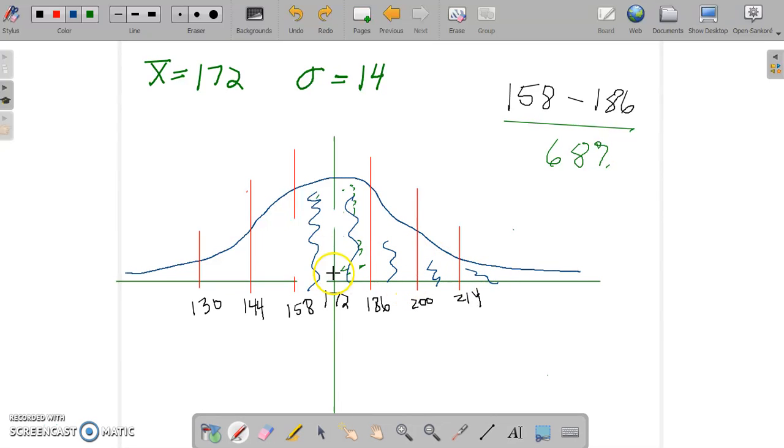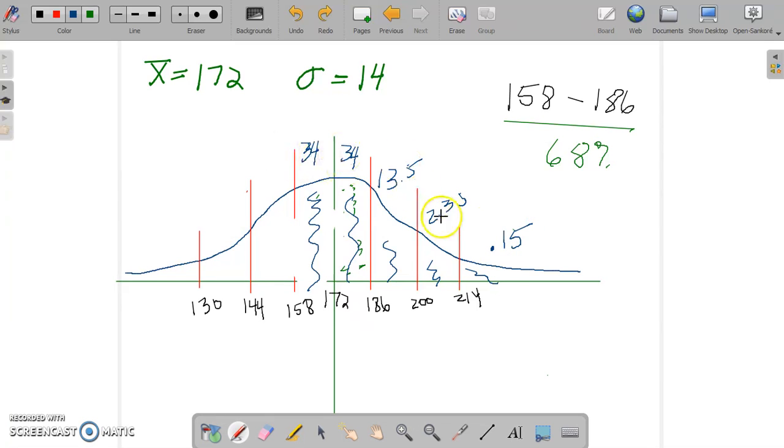Okay. Well, we just need to add up. This was 34%. This is 34%. This is, and you guys can check your chart, I'm not going to go back, 13.5%. And this is 2.35%, and then everything less than 214 is 0.15%.